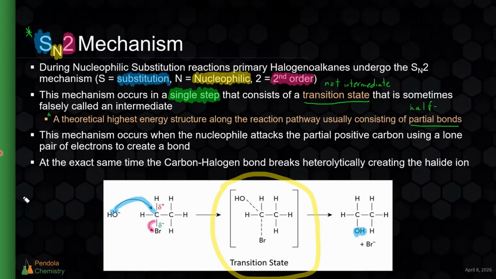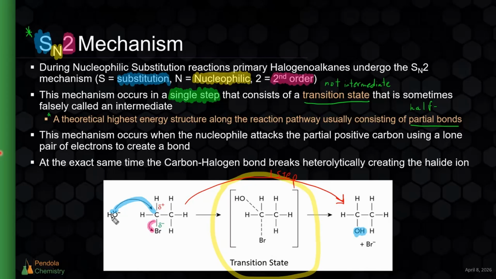This is all happening in one step, and that one step is going from the halogenoalkane to, in this case, the alcohol. That's one step. The transition state shown here in the middle is just the theoretical visualization of what is currently happening.